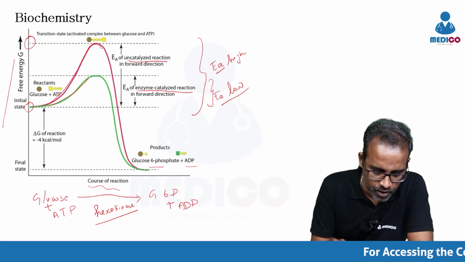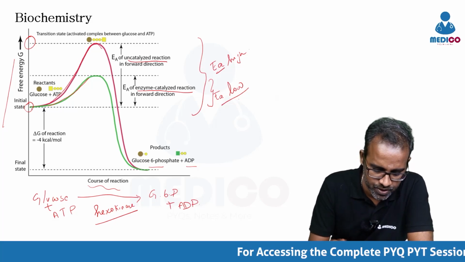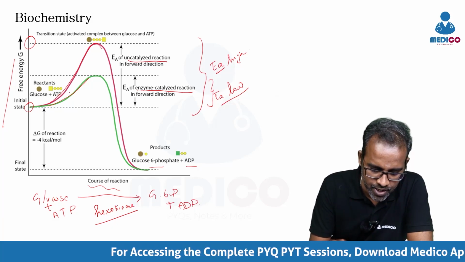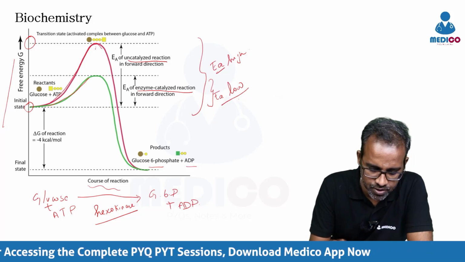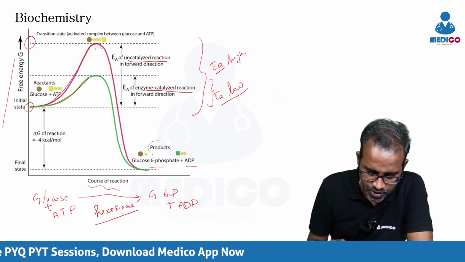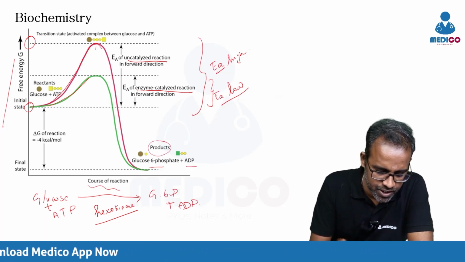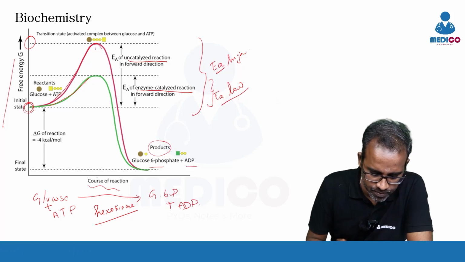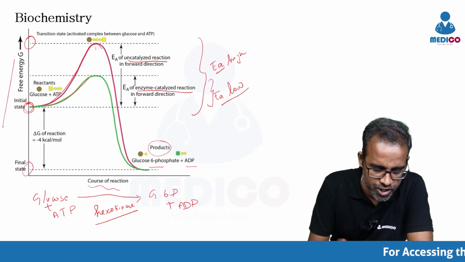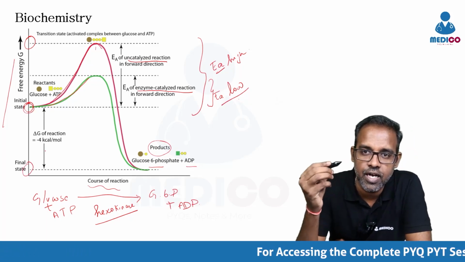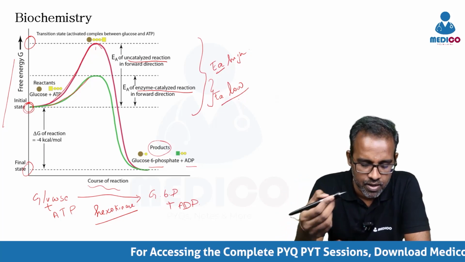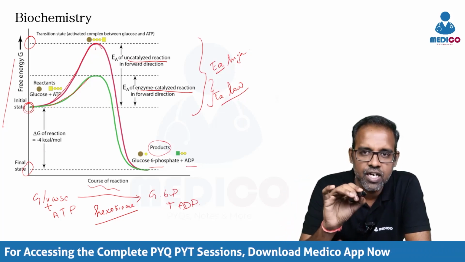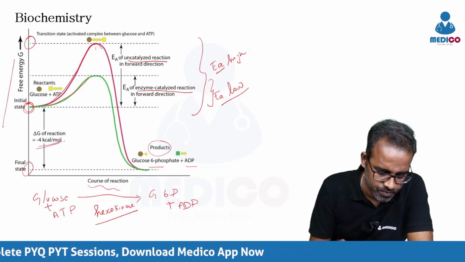But if you see the free energy change, the reactants go to the transition state and come down to form a product. If you see the change in free energy between the initial state and the final state, there is no change in free energy between the reaction catalyzed by an enzyme and a reaction not catalyzed by an enzyme. The free energy of the reaction remains constant.